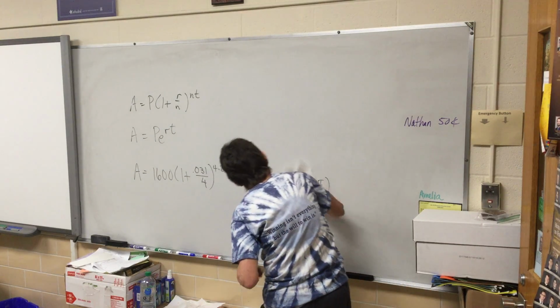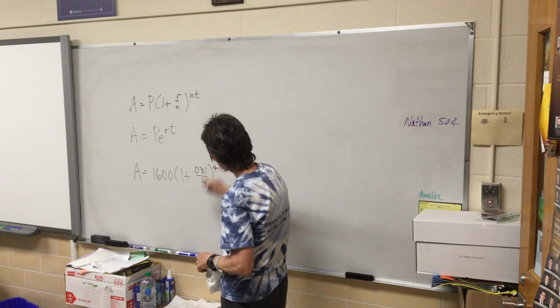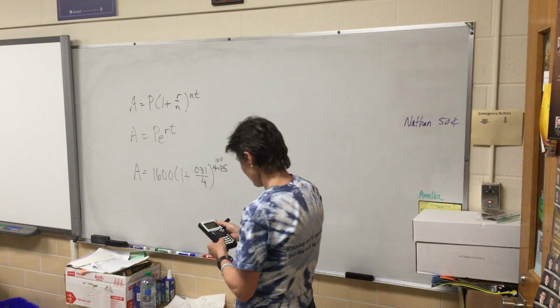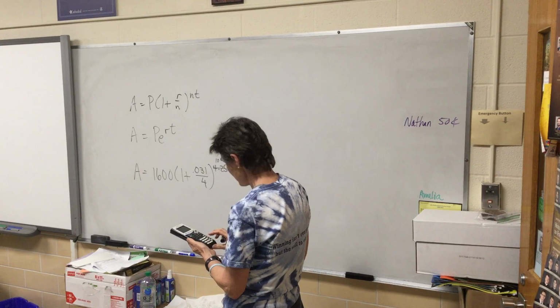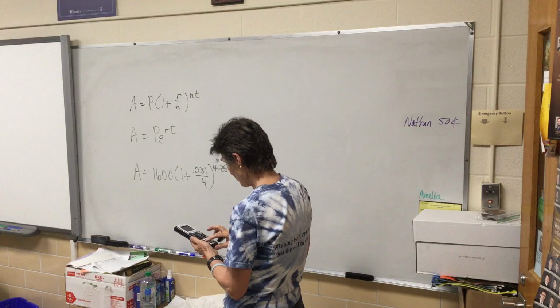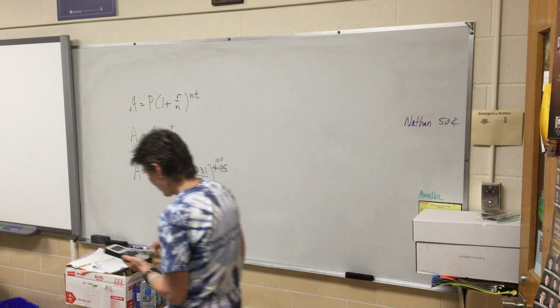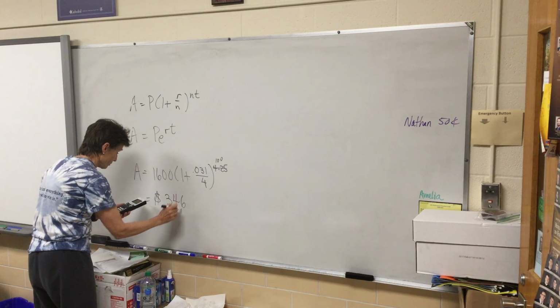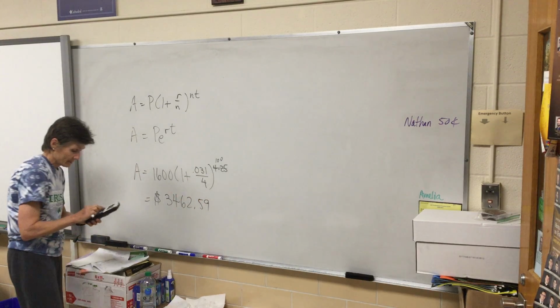I usually clean up my exponent before I start, so I'll make that 100. You don't absolutely have to. It makes it easier for me. And then I'm just going to type it in just like I see it. 1,600 parentheses 1 plus 0.031 divided by 4, close the parentheses, raised to the 100th power. And that is $3,462.59.